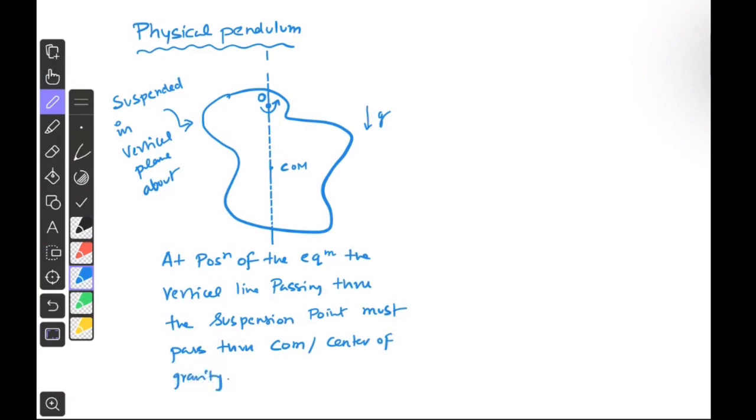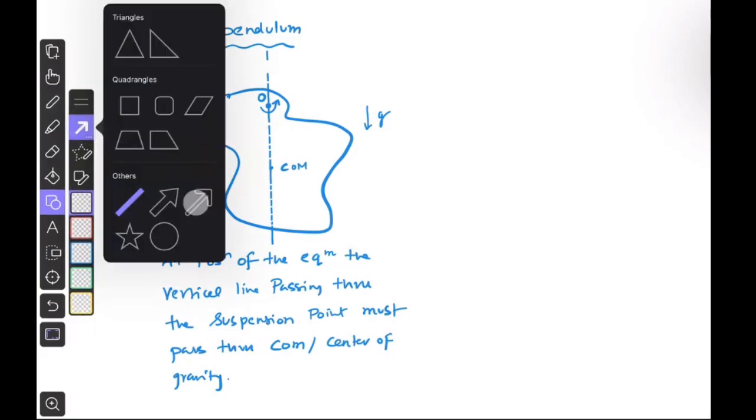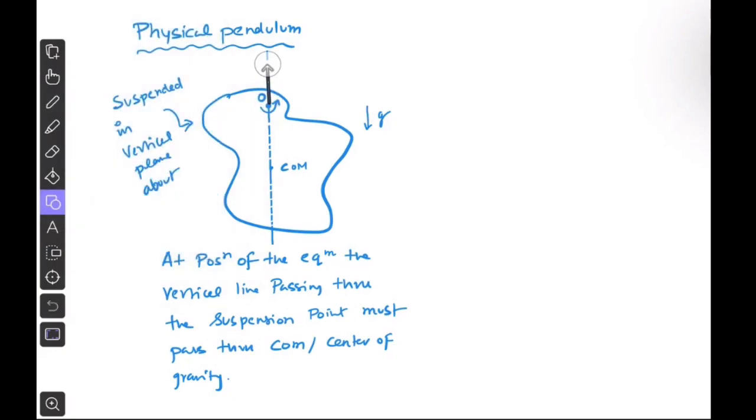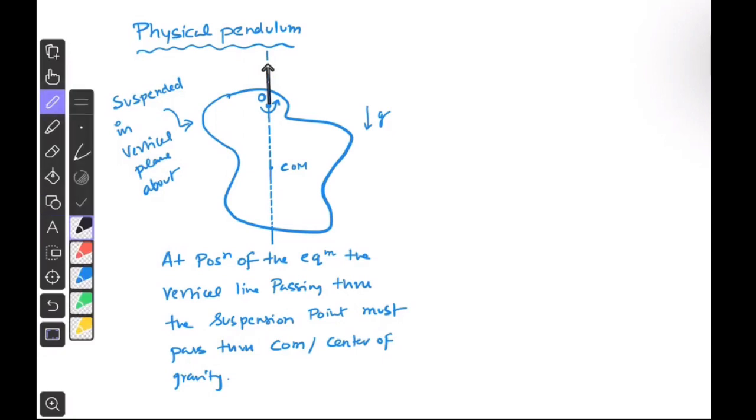Suppose I ask you what all forces will be acting on this particle: there will be a hinge reaction that will act upward at the point of suspension O. And there will be another force, gravity, acting down. Since it is under force equilibrium, since it's not going anywhere as a whole, that hinge reaction must be equal to mg.